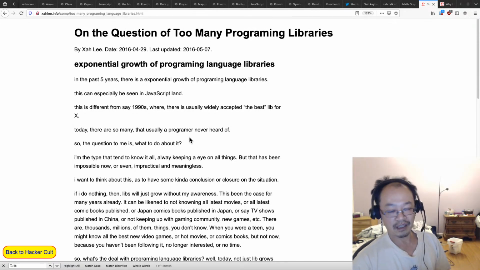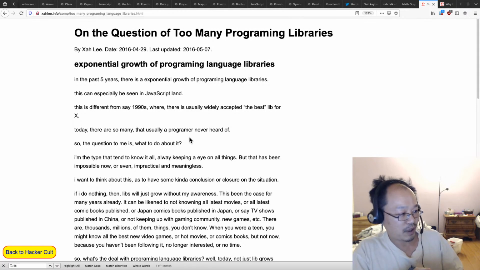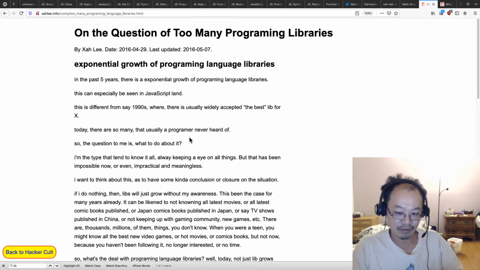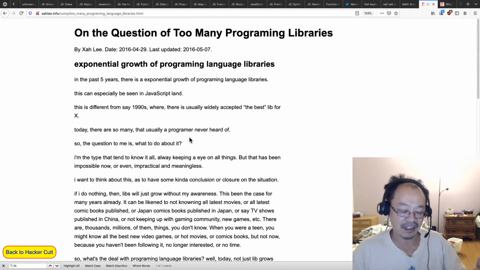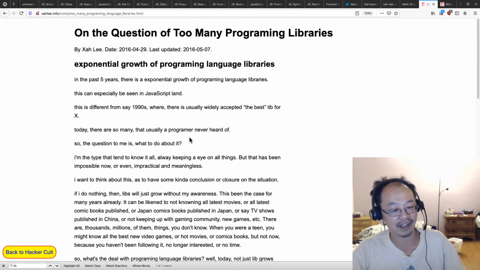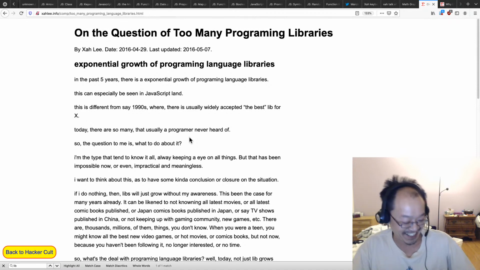For example, when you study this question of too many programming libraries, one of the questions is when did the library begin? When did the concept of library begin in programming? Try to find it. Today's people, or academics, like to say, oh, where's your citation? I need a citation.